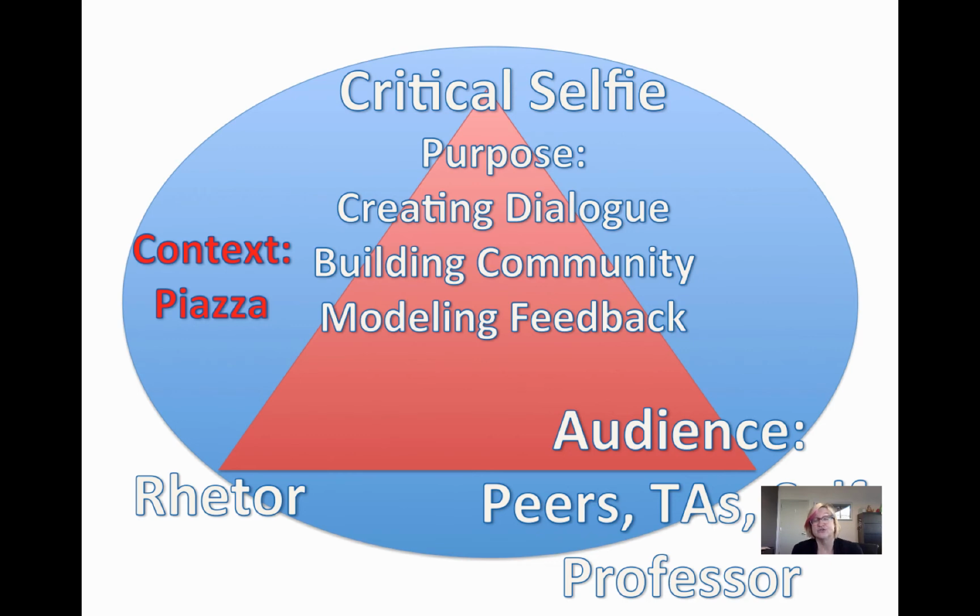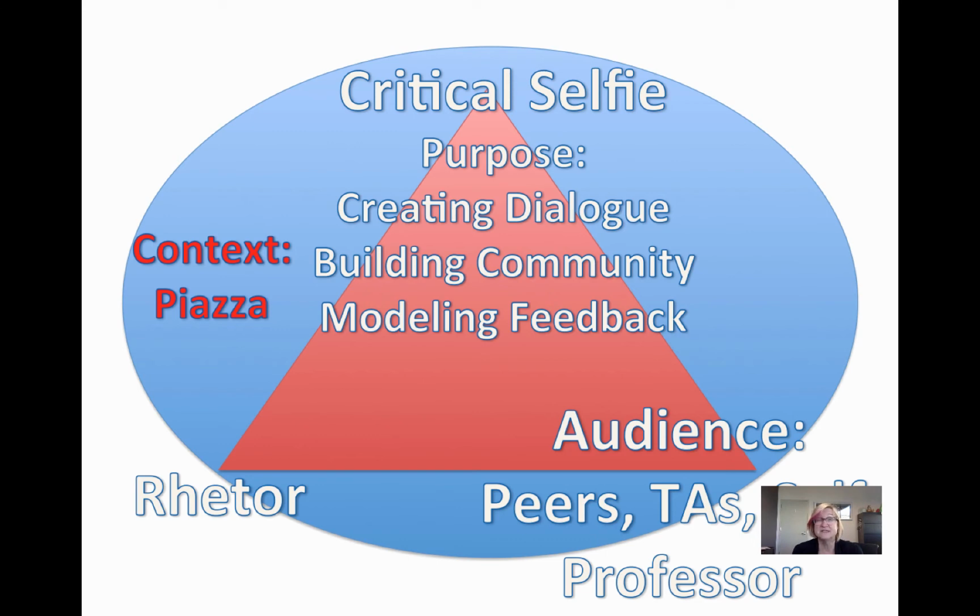And that audience includes your peers, it includes your TAs, it includes me, your professor, but that audience also includes yourself. I noticed that many of you actually went back in and edited your selfie. So clearly you were reading it and thinking about it and starting to contemplate what it means to participate in the revision process that will be so important for this course.